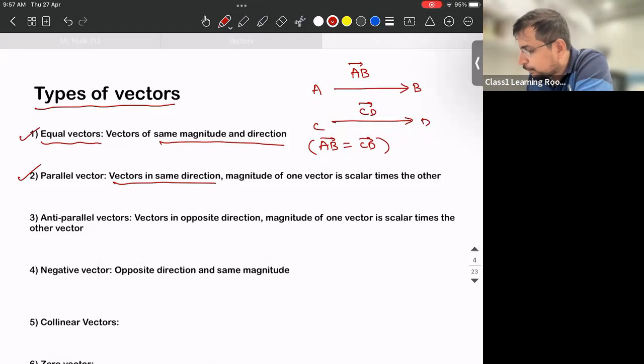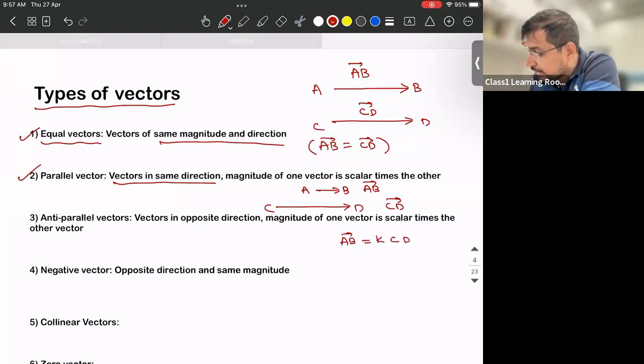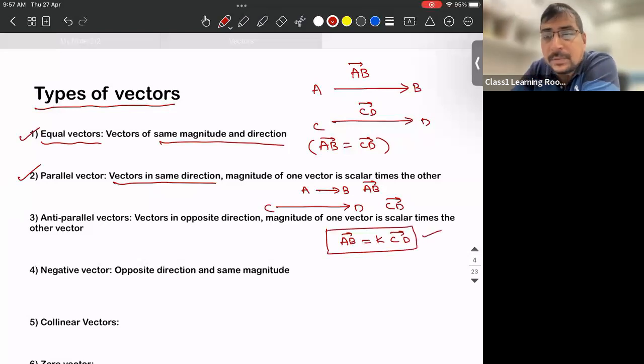For example, if I have this as the AB vector and this as the CD vector, and one vector is a scalar times the other, AB vector is equal to K times CD vector, then you can say that these two vectors are parallel to each other.